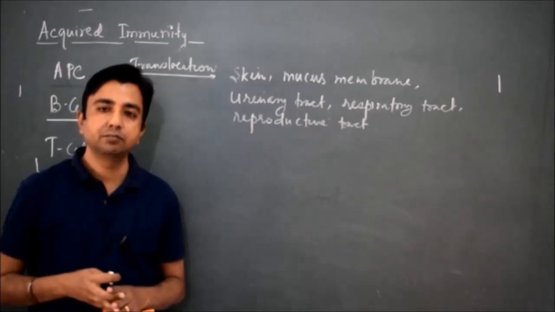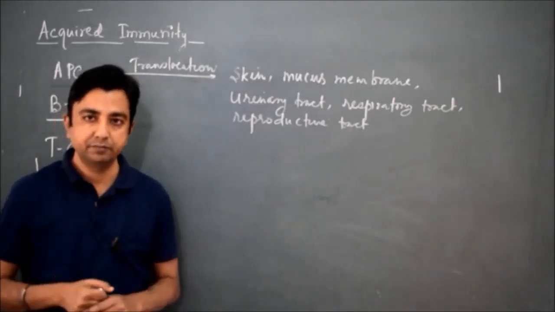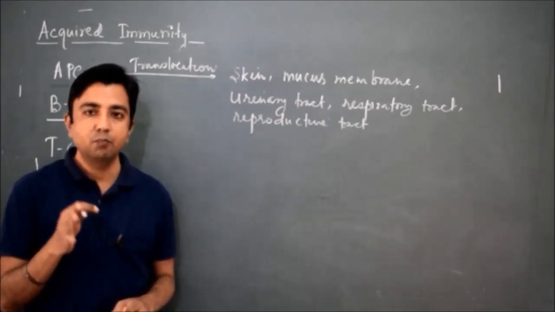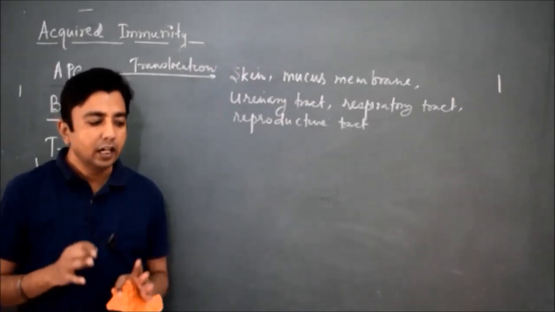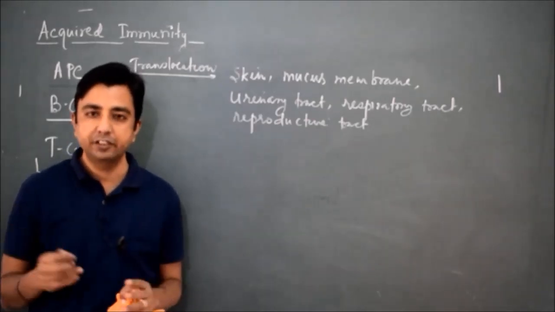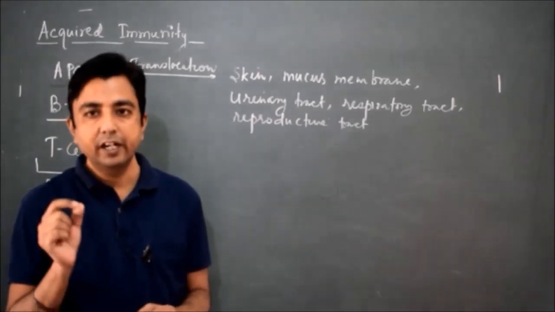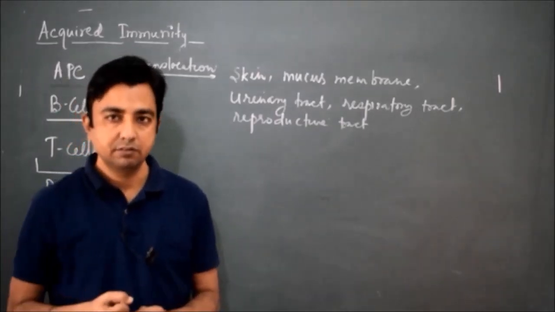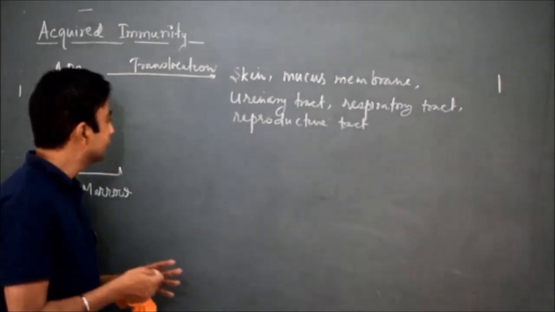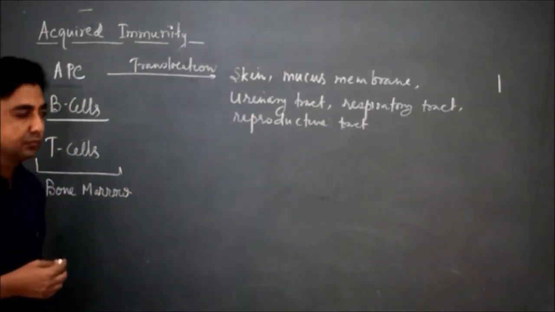After maturation, they will divide and make different copies of themselves. That is called proliferation. After making different copies, they differentiate. Differentiation means each B cell differs from other B cells. So all these take place in the bone marrow.